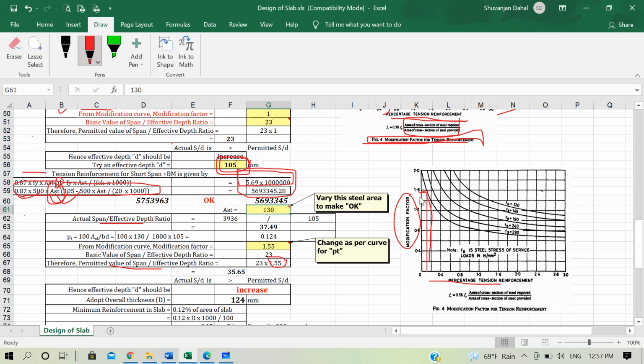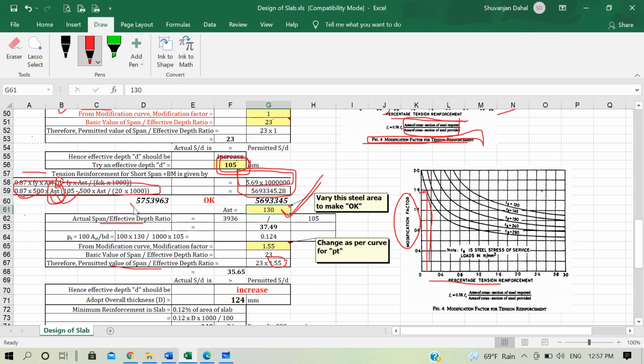To get this higher value of modification factor, we see that we have to use a lesser value of tension reinforcement. So either you have to decrease the value of tension reinforcement, as we saw in the contour, or you have to increase the effective depth of the slab. So you have to see if there is space to decrease the tension reinforcement.